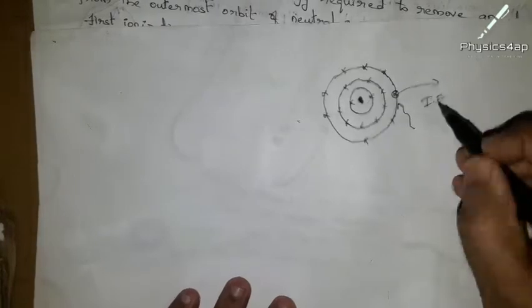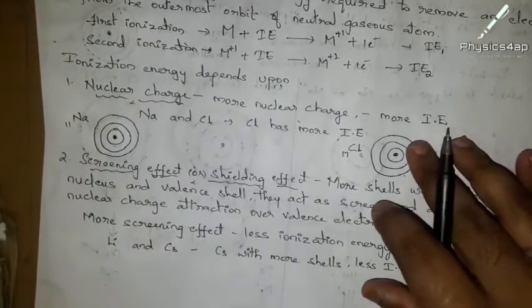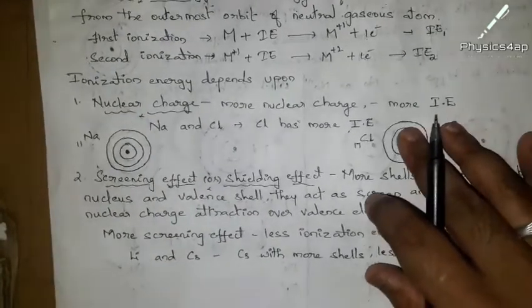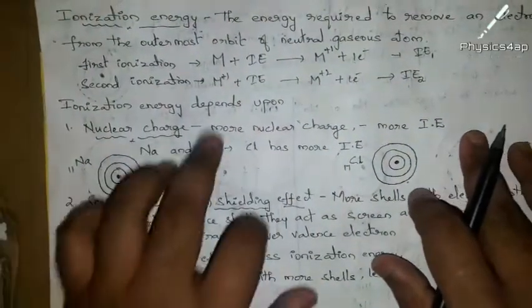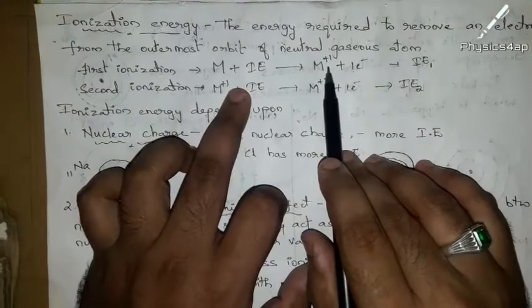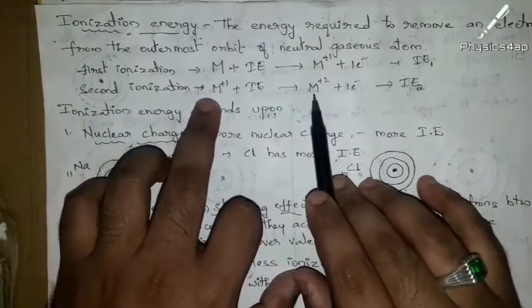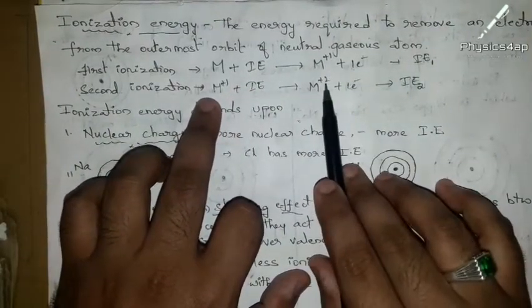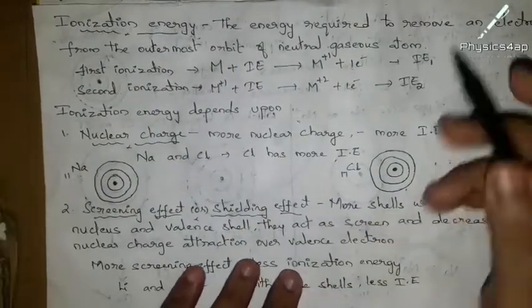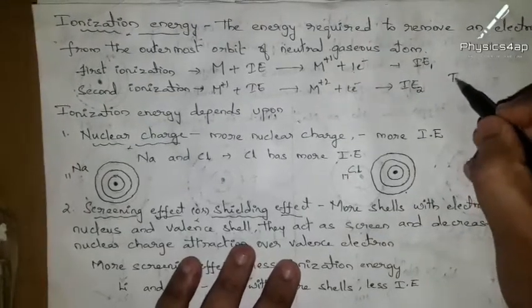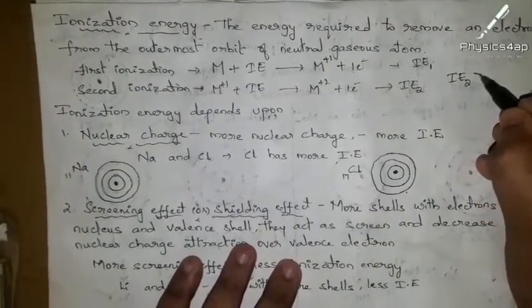And we compare the first ionization energy and second ionization energy. When we remove an electron, we get M plus 1, and when we remove another electron from the same, we get M plus 2. Now, first ionization, second ionization, which is greater? Obviously the second ionization energy will be greater when compared to the first ionization energy.